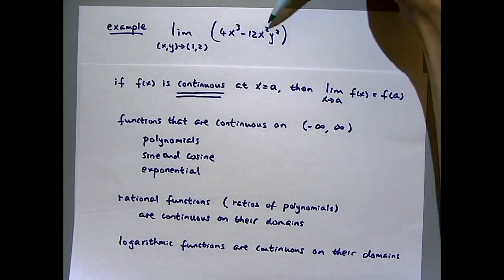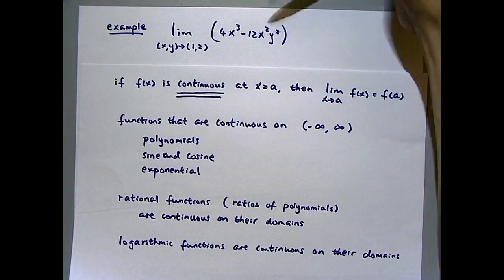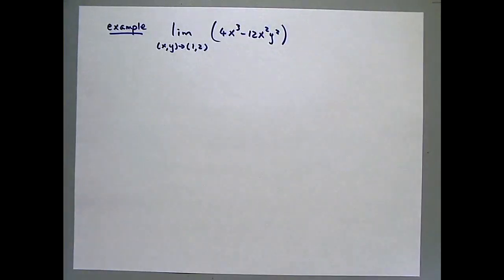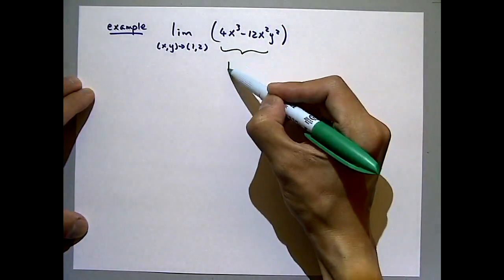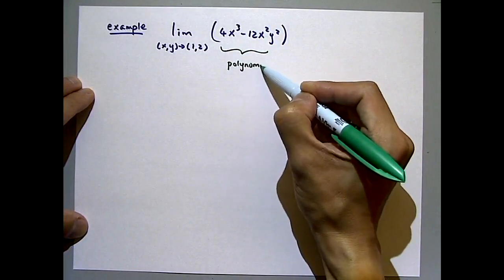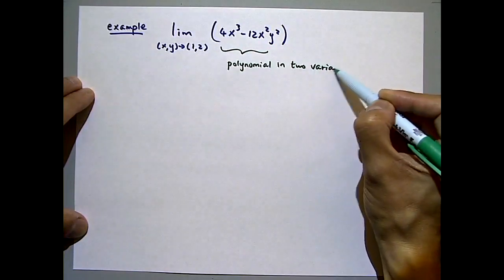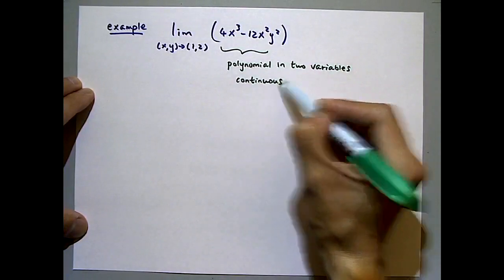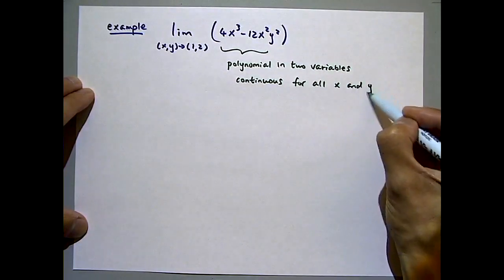You got x and y, 2 positive powers, positive integer powers. So this is a polynomial in 2 variables. We know that it is continuous for all x and y.